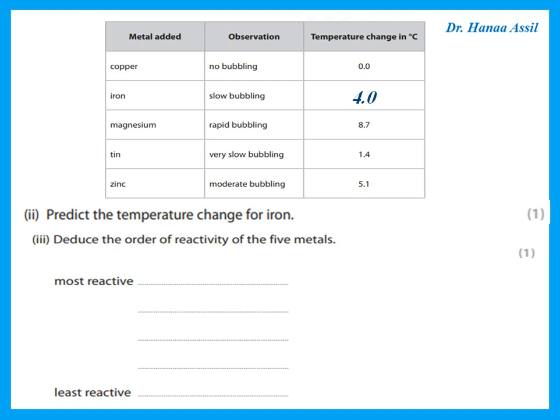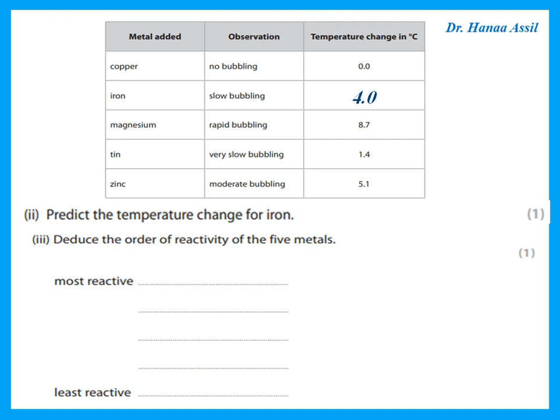So it must be somewhere below the temperature change for zinc. At the same time, it should be above the one for tin. So it will be somewhere in between tin and zinc. So 4 could be a possible temperature change for iron.